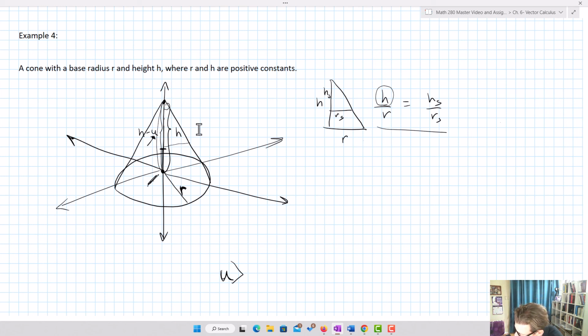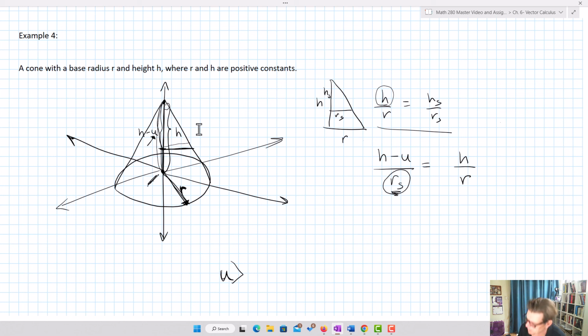So I'm going to plug that into my equation. That's H minus U over R, and I'm just going to let R be the radius at the bottom. And that's going to equal my starting height, H, over my starting radius. H minus U is this piece right here. My new radius is going to be that piece right there, that's going to be RS, and that's going to equal the full height over R. I now want to figure out what RS is, because RS is going to be variable.